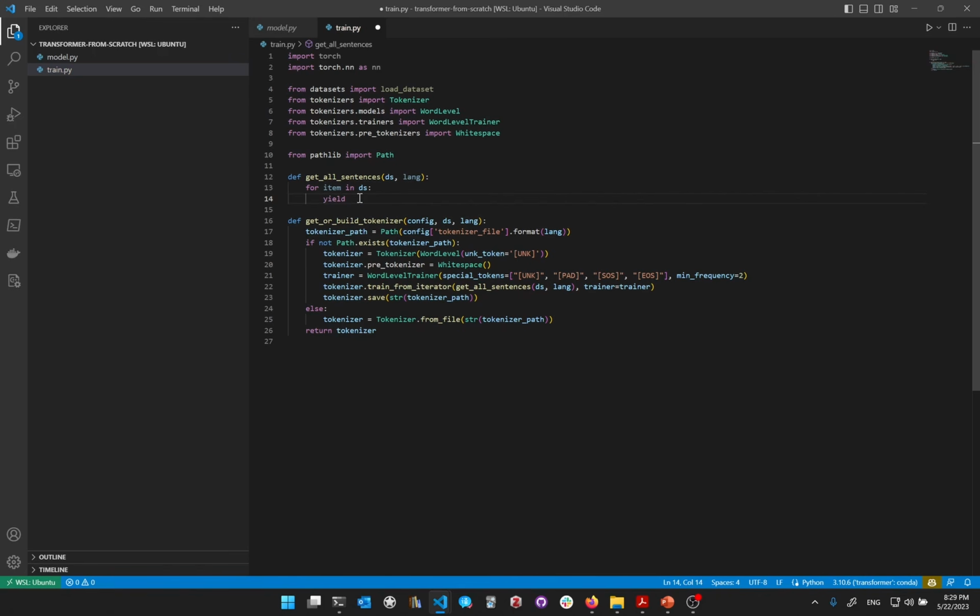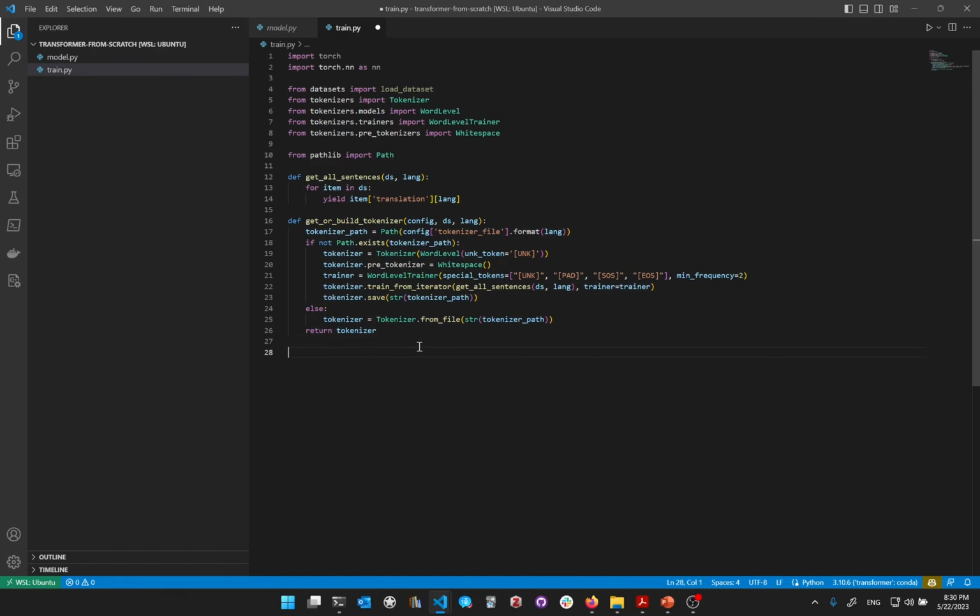We just want to extract one particular language. This is the item representing the pair, and from this pair we extract only the one language that we want. And this is the code to build the tokenizer.